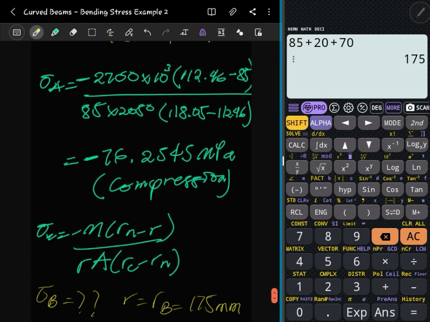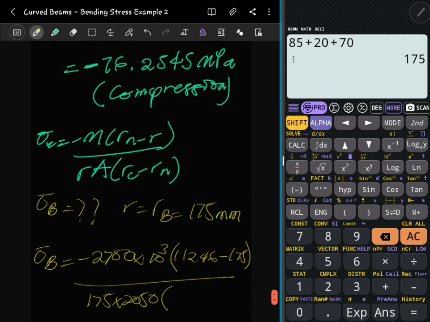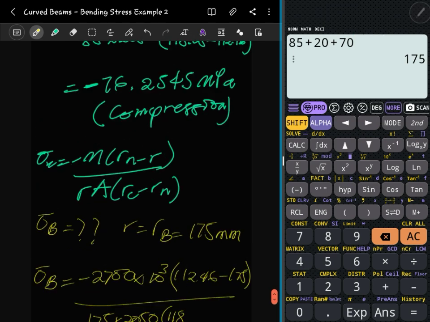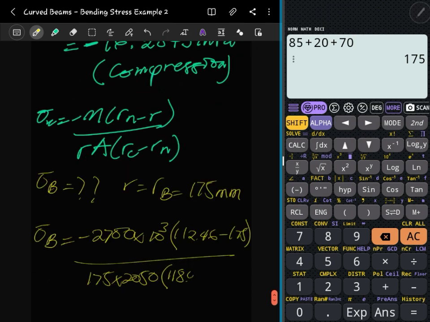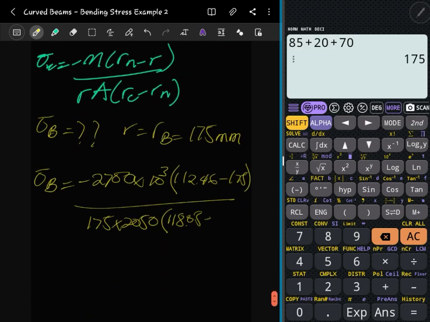R is the only thing changing, now 175, times 2050. Our area is not changing, RC is not changing, that's 118.05, and Rn is not changing, 112.46. So let's see what we get for this.